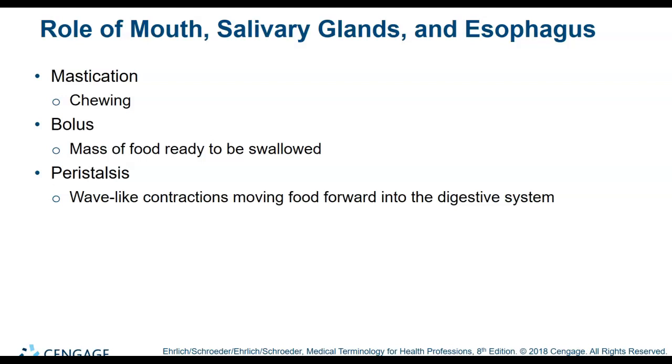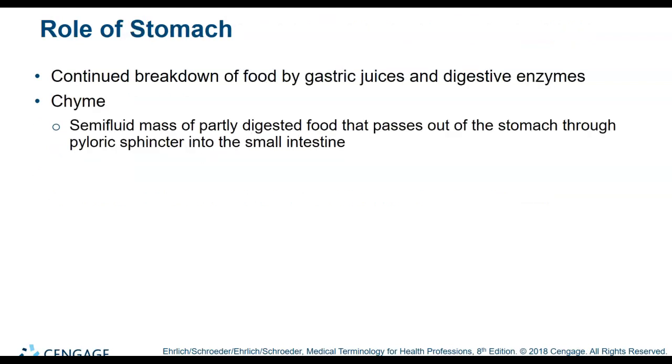We don't just swallow it and it goes down into our esophagus and naturally by gravity gets down to the stomach. Peristalsis is there, and that wave-like motion takes the food down through the esophagus and into the stomach. It actually works through the small intestine, the large intestine, and all the way through to the anus.